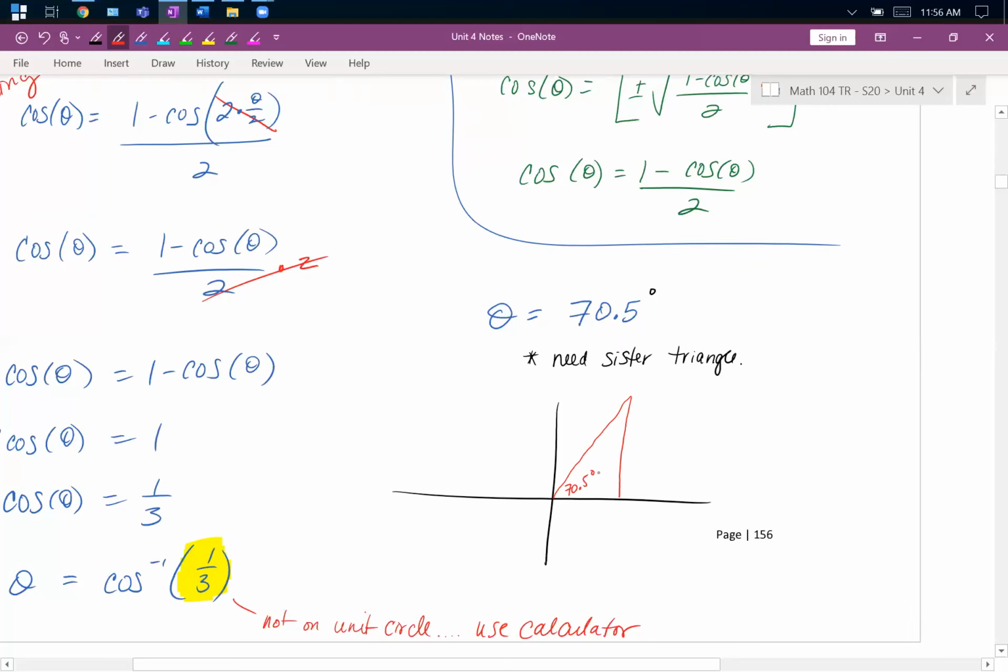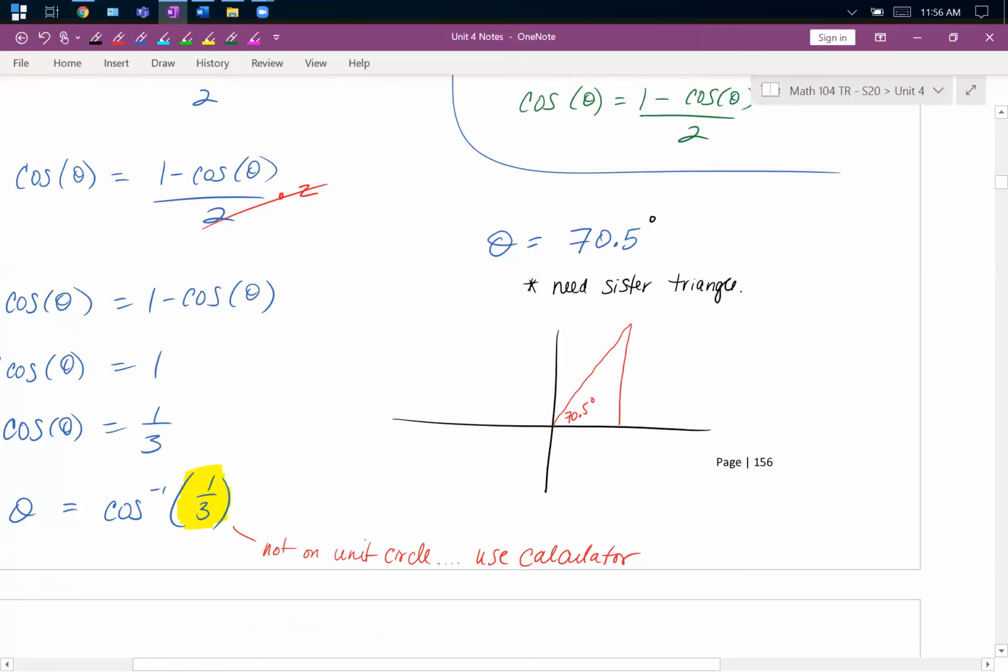Which other quadrant is cosine positive? That would be the fourth quadrant. So we also need this angle here down in the fourth quadrant with a reference angle of 70.5 degrees.